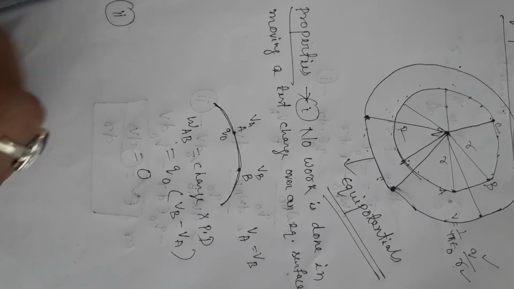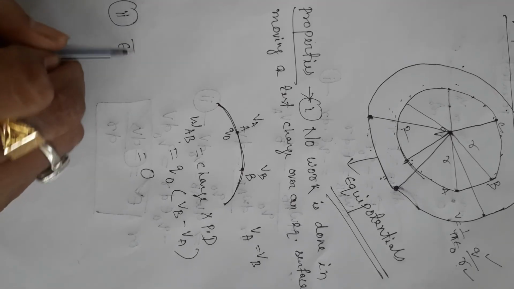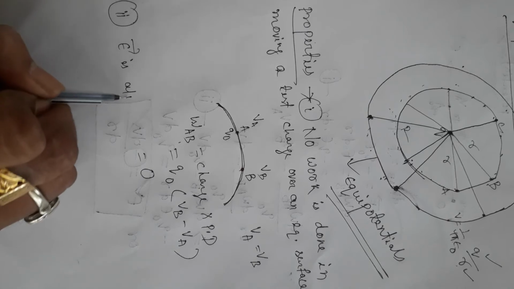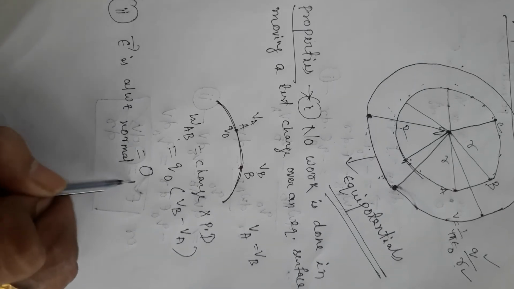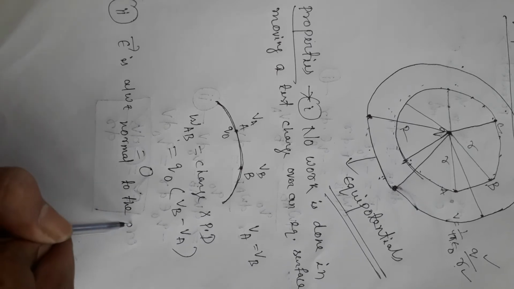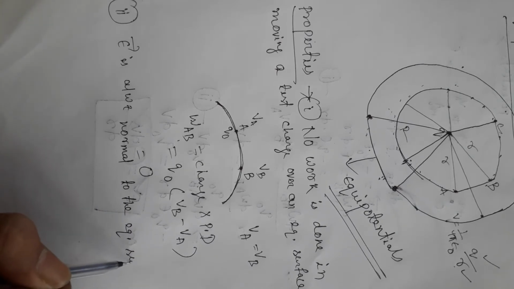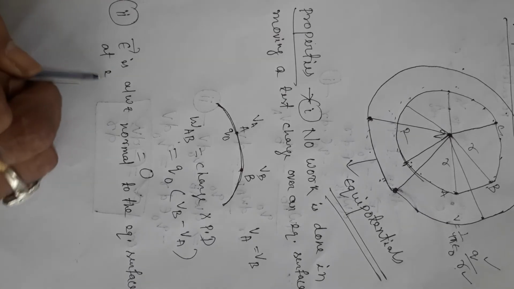The next property is that the electric field is always normal to the equipotential surface at every point.